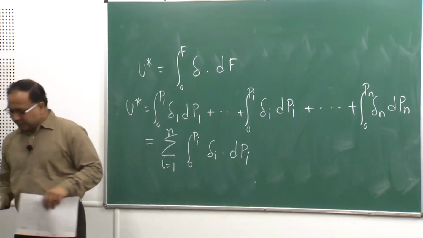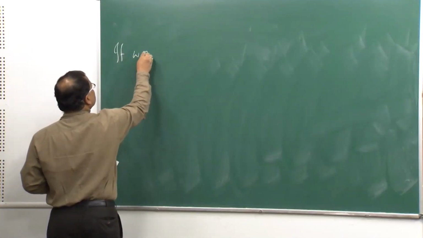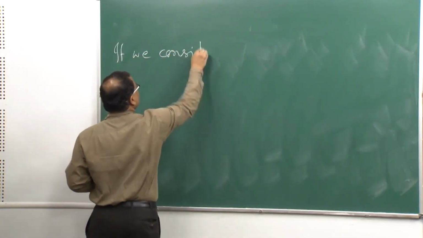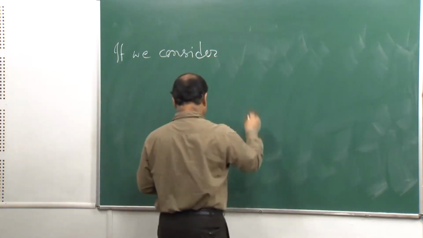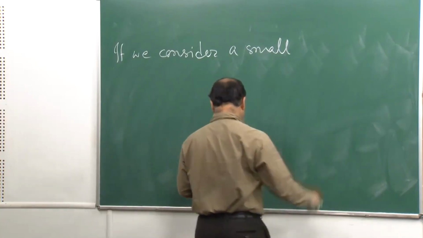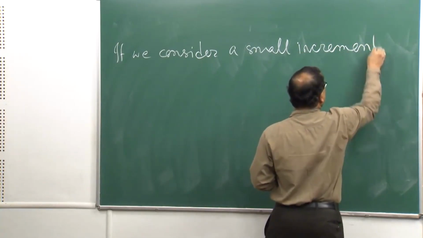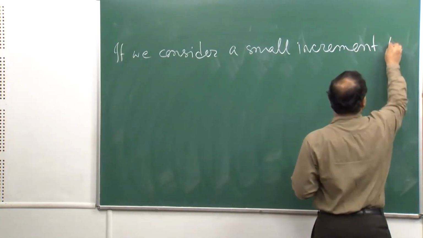Now, if you look at this system, in figure 2, whatever system you have seen, what we are considering is a small increment, say delta Pi.